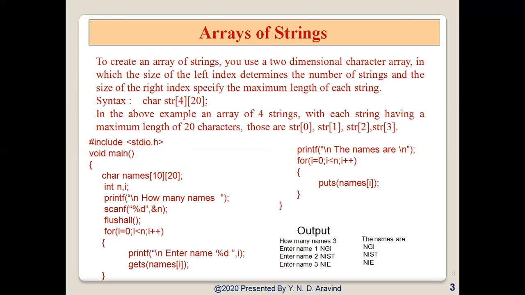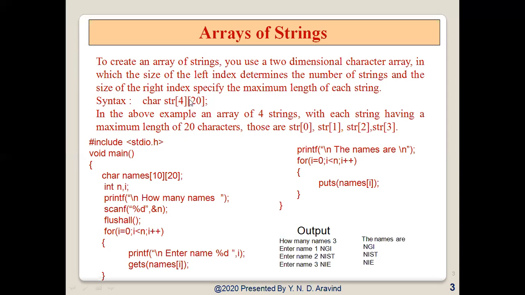To create an array of strings, you use a two-dimensional character array in which the size of the left index determines the number of strings and the size of the right index specifies the maximum length of each string.